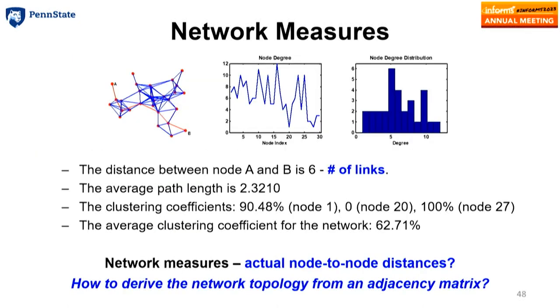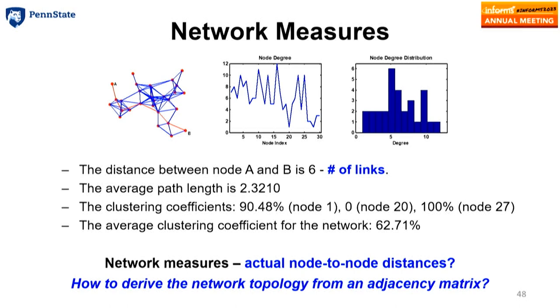For example, in this network, for every node we can calculate the node degree. The distance between node A and B is 6, which means I travel 6 edges to get from A to B. The average path length is 2.3210, and the clustering coefficient is 90% for node 1, 0 for node 20, and 100% for node 27. So the average clustering coefficient is 62.7.